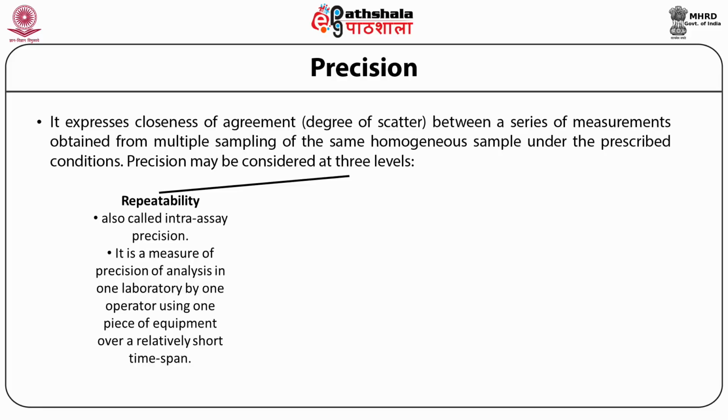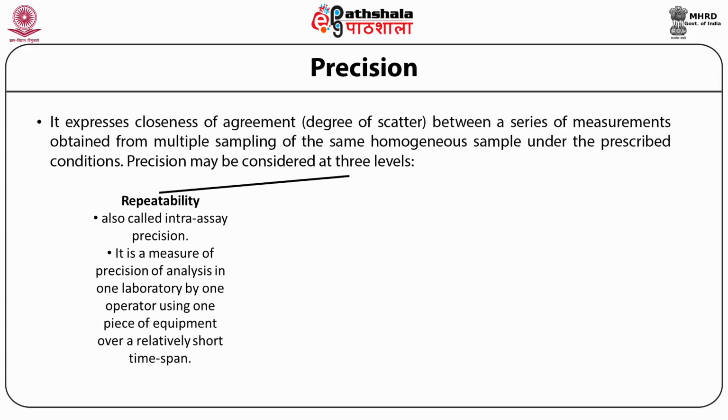ICH defines the intermediate precision as the long-term variability of the measurement process, and it is determined by comparing the results of a method run within a single laboratory over a number of weeks. It is also called an intraday precision.